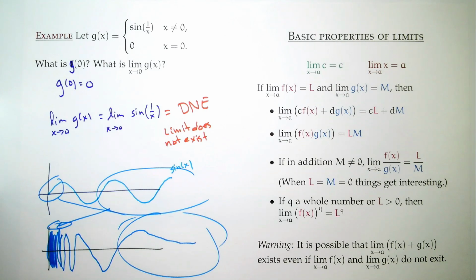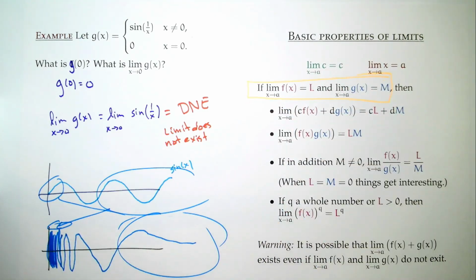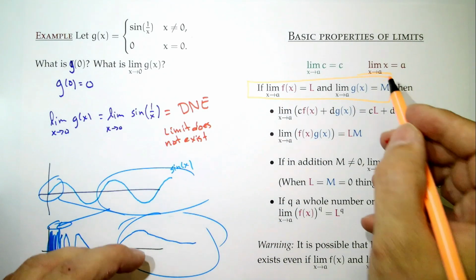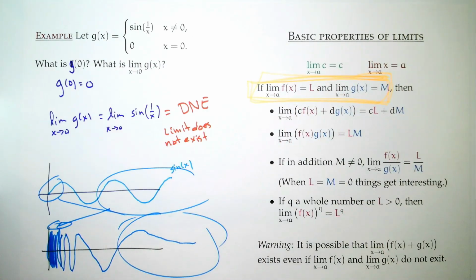Now, a lot of these statements have this base assumption that says, suppose your limits exist. And that does not show up very brightly. But imagine I had boxed this part right here. Suppose the limits exist, then it's very easy to combine them together and find the new limits.